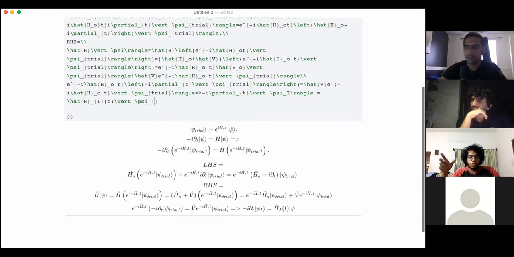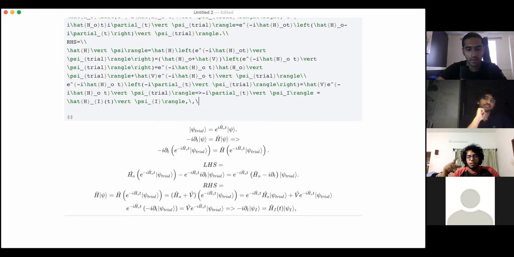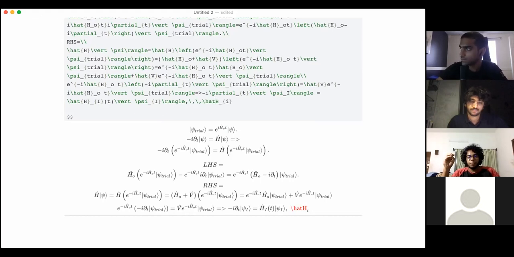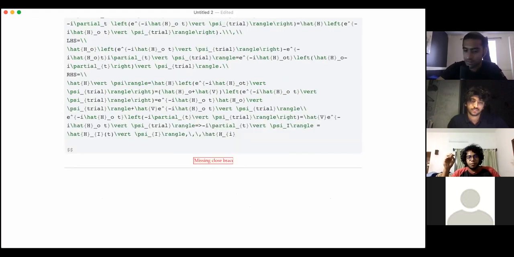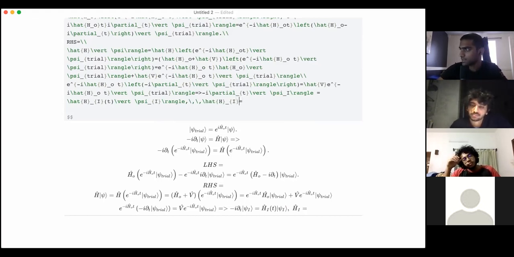Well, not quite exactly the potential. It's the potential with the dressing, where now H sub I equals what?